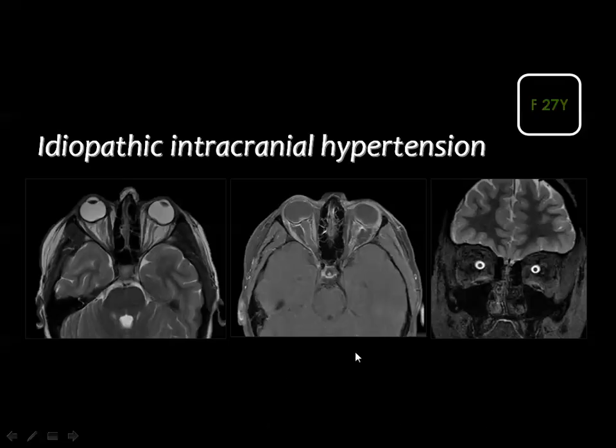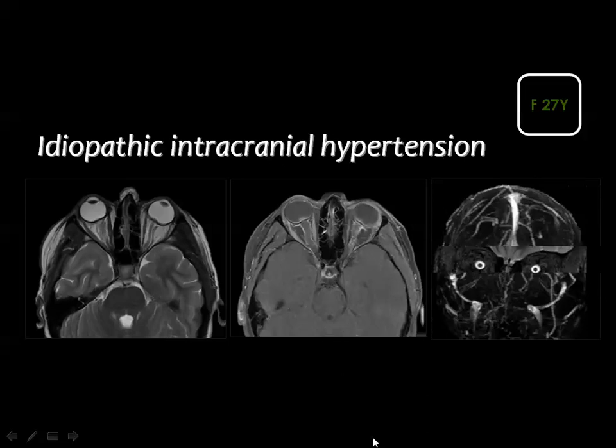This is another example. You see tortuosity of the optic nerve, widening of the CSF space, and flattening of the optic disc, enhancement of the meningeal covering of the disc, and empty sella you may appreciate in the sagittal image. And also by MR venogram, you see stenosis of the lateral segment of the transverse sinuses.